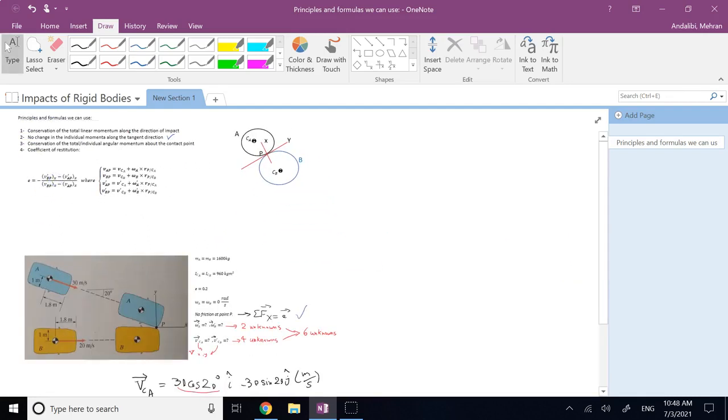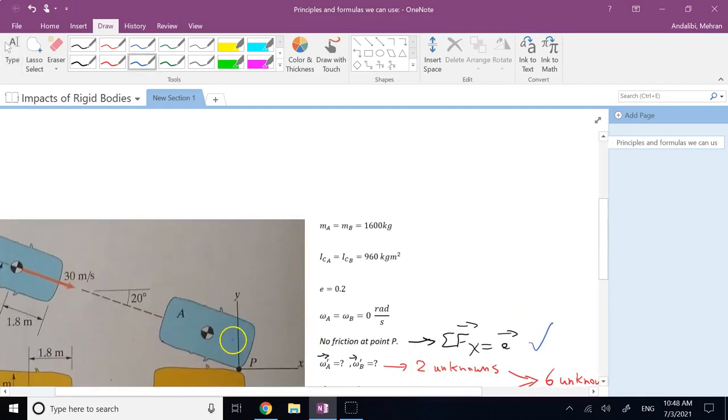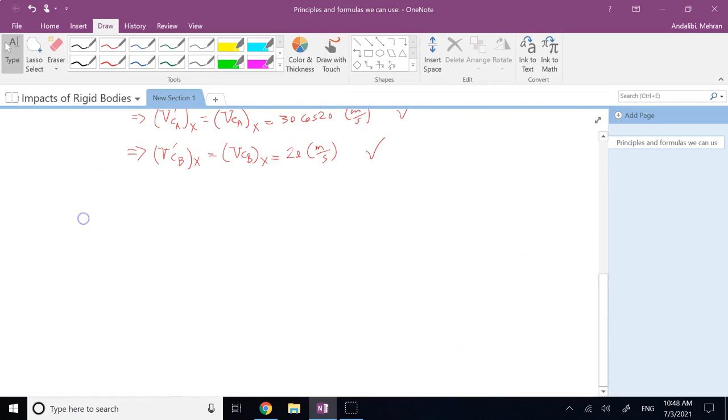Okay, so if we go about rule number 1, it says the total linear momentum along the direction of impact, which in this case is the y direction, is not going to change. So what does that mean?